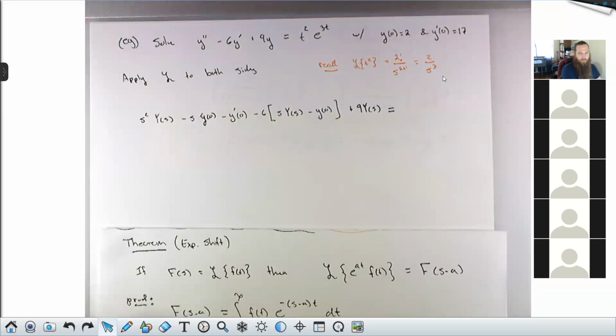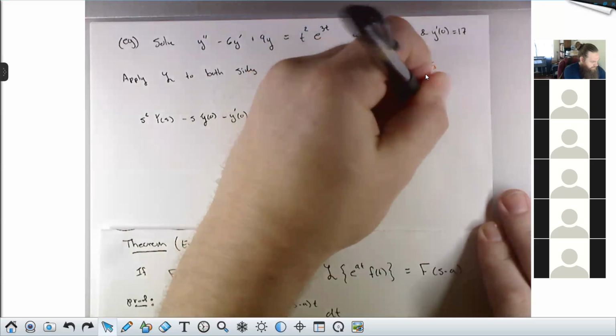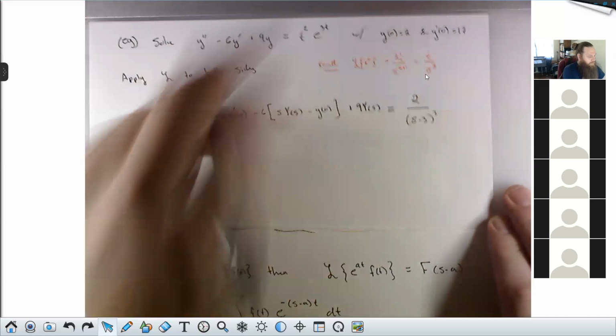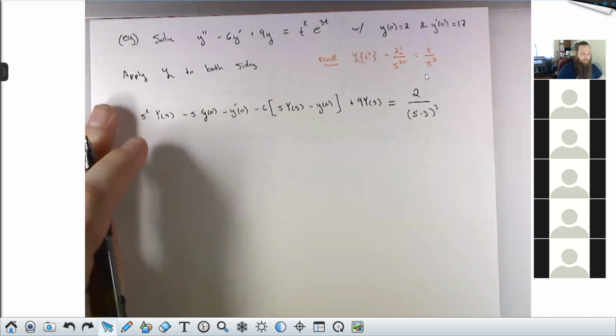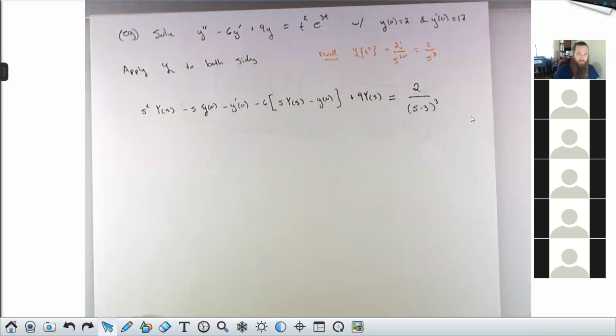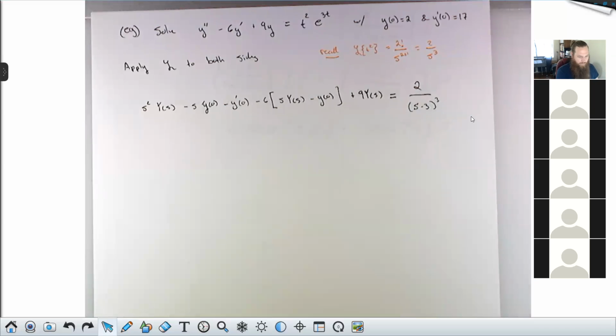Little f of t here is t squared, and the Laplace transform of t squared is 2 over s cubed. So the Laplace transform of e to the 3t times t squared, where a here is 3, would be 2 over s minus 3 cubed. And right away, you see your partial fractions is going to involve some pretty gnarly stuff because you have this repeated factor. It's repeated thrice.